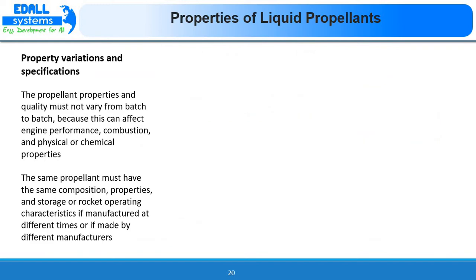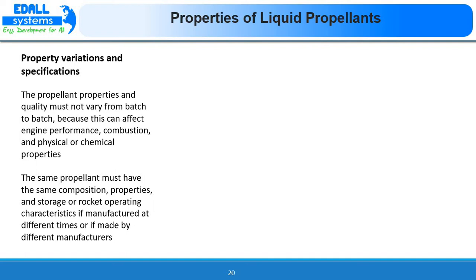Now we will see how property variation and specifications can be done for some selective propellants to achieve the goal. The propellant properties and quality must not vary from batch to batch, because this can affect engine performance, combustion and physical or chemical properties. So there should be a similarity in the properties and the quality from batch to batch of the propellants which are manufactured.